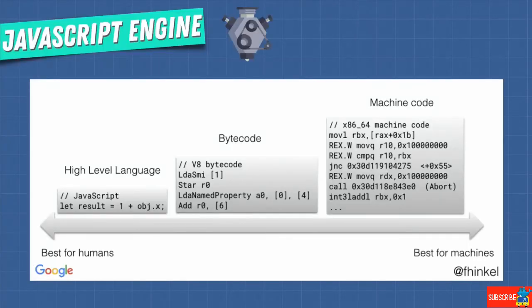For example, we have a high level language here, like JavaScript, and we run a piece of code here. An interpreter will take this code line by line and spit out bytecode like this that will execute this code for us. Or a compiler might take this code and go through this and spit out machine code, just like that, so that it can give it to a CPU, so that the CPU can actually run the code.